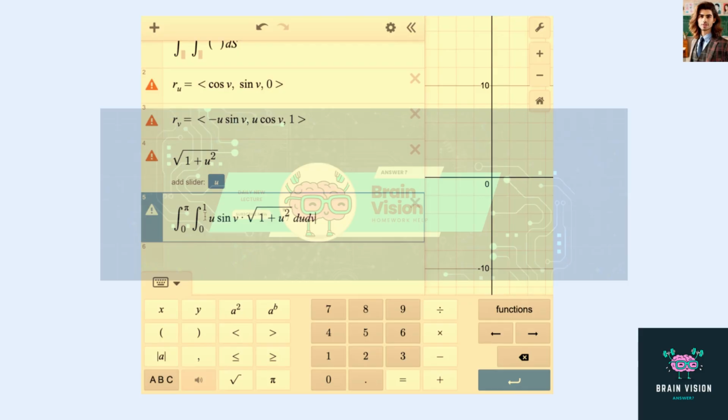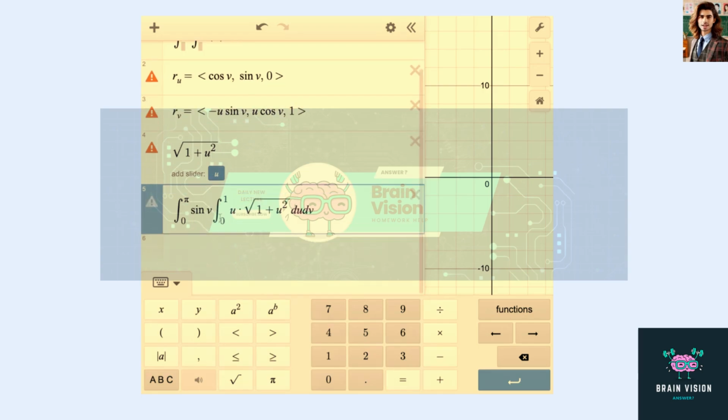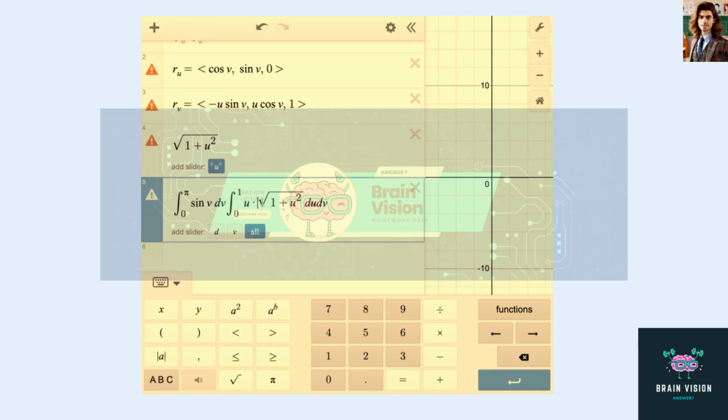Then we can separate these integrals. We'll put the v terms here, dv, and then we will get rid of this dv to get our answer. If we want to simplify this further, we realize that this will ultimately just be 0.